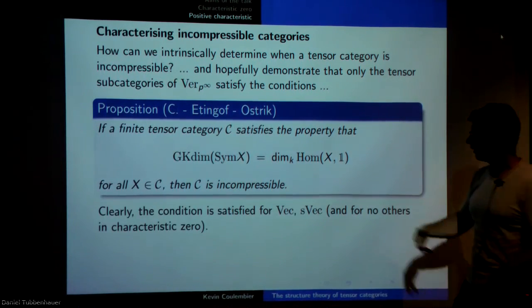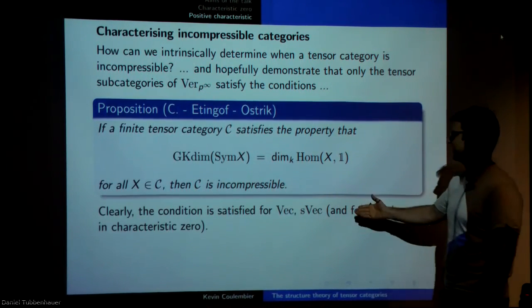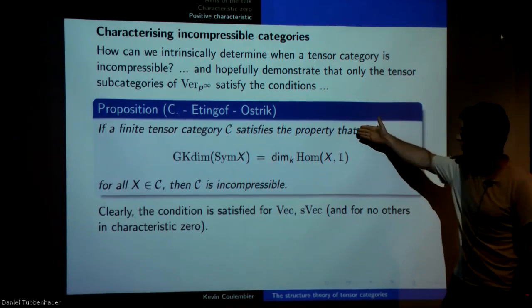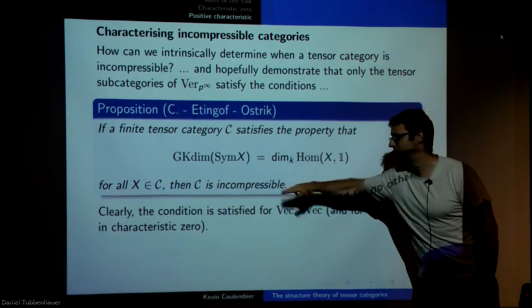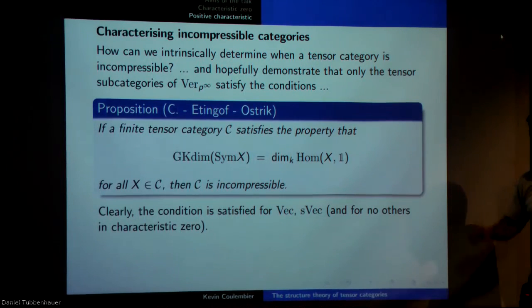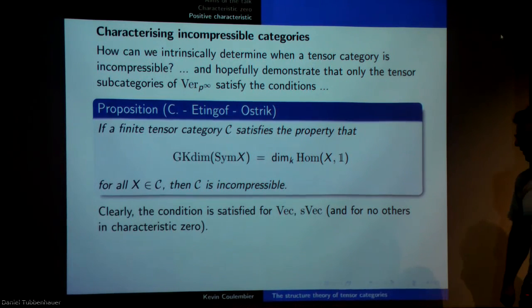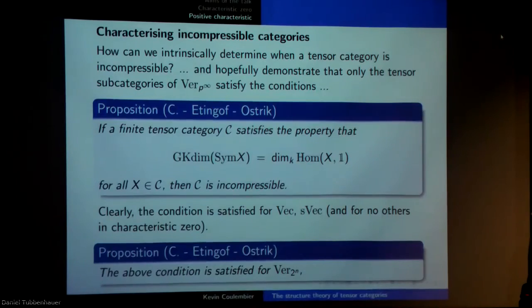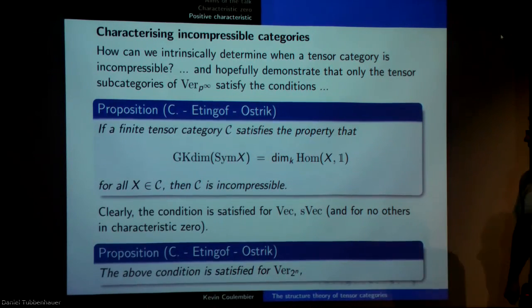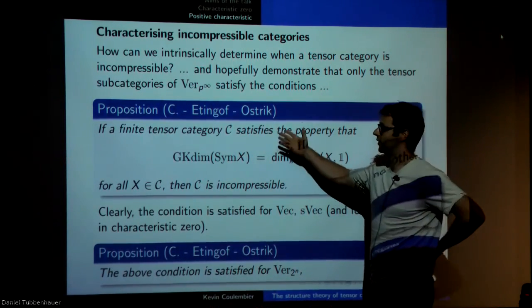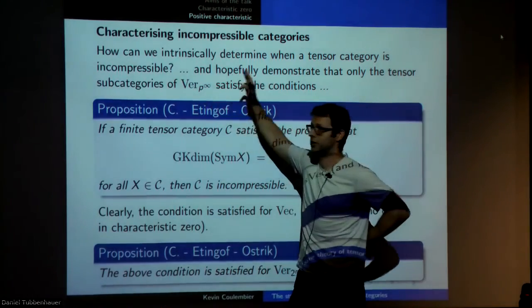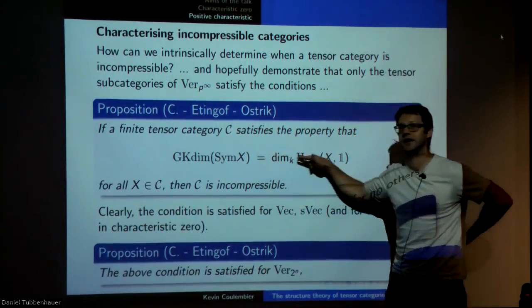So you can check that this is satisfied for vector spaces and super vector spaces, but this also gives you a sufficient condition to have an incompressible category. Something you need to prove, but it's not too difficult. So it would be great if at least we can check that this category or its finite subcategories satisfy this thing.